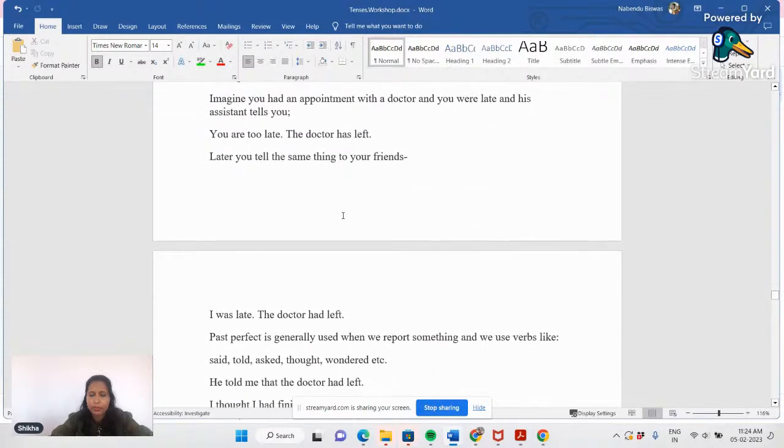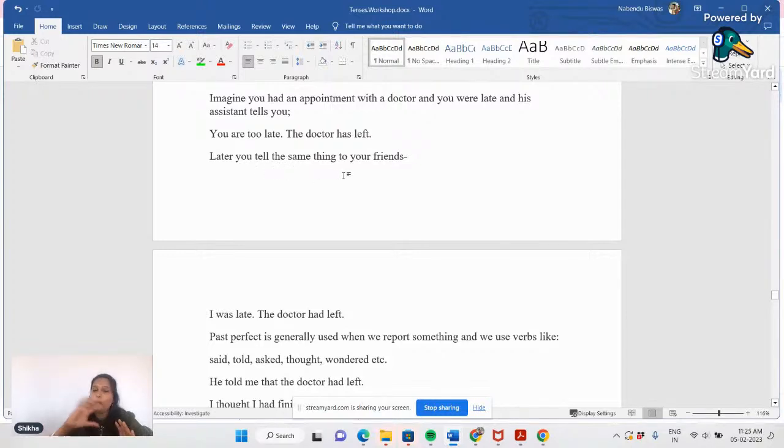Here is a situation so that you can understand the difference. Imagine you had an appointment with a doctor and you were late, and his assistant tells you, you are too late. The doctor has left. 'The doctor has left' means a few minutes back, or maybe one hour back, the doctor left, right? Later you tell the same thing to your friends.